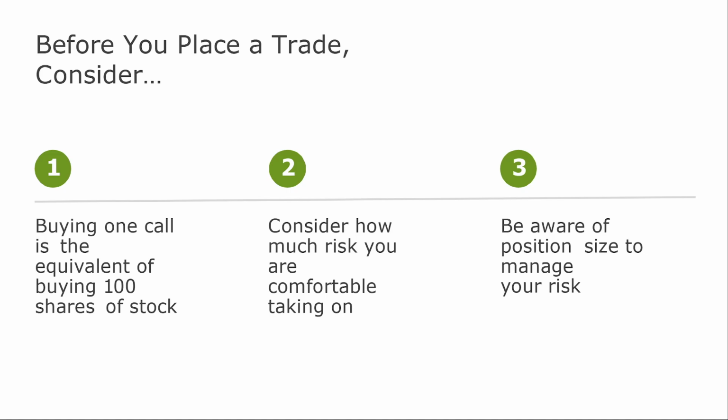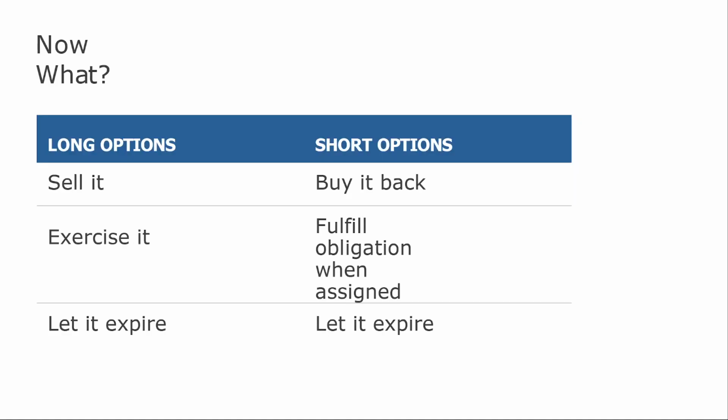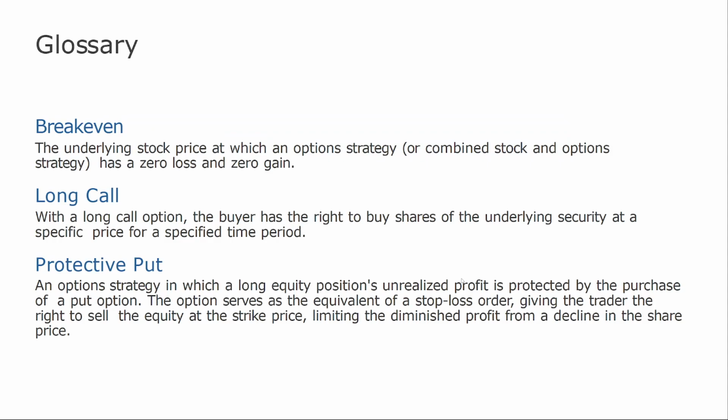That's going to be the premium that you're going to pay, so that's going to be helpful for you when you manage your risk. With long options, you are going to sell it, exercise it, or let it expire. With a short option, you are going to buy it back, fulfill your obligation when it's assigned, or you can let it expire as well if it's out of the money.